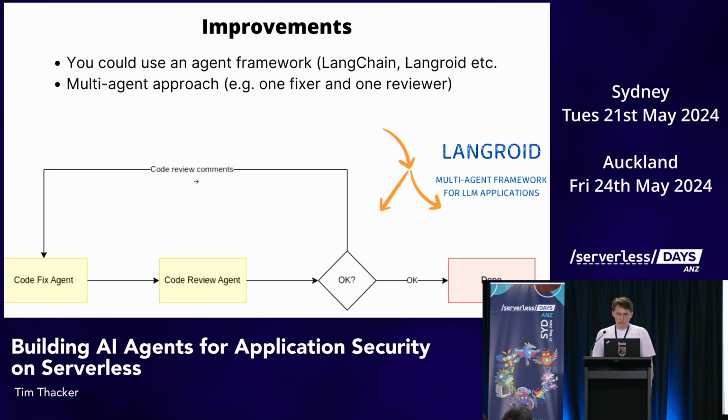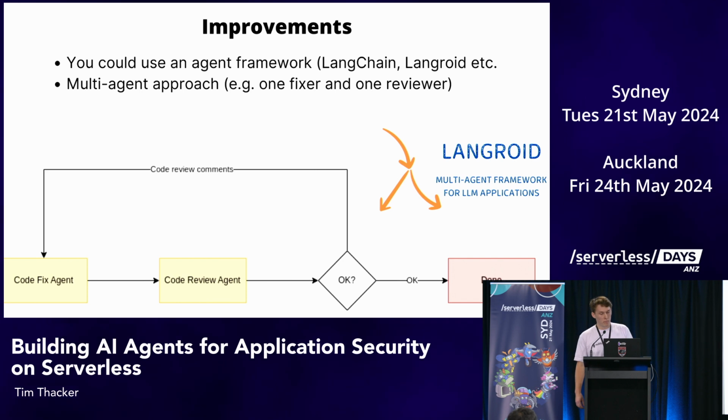Cool. So what kind of improvements can we make to this? It's a very simple agent. So, one, you could use one of these agent frameworks like LangChain or Langroid. We've had some good success with Langroid. Langroid's a multi-agent framework, so it allows you to have one agent that's doing the fixing and then one that's code reviewing it.